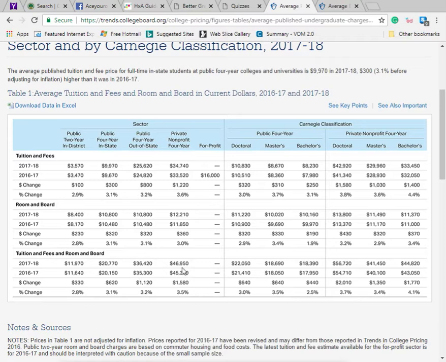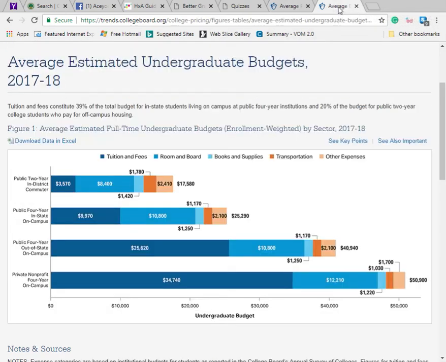And if you look at private schools, it's more like almost $47,000. And Harvard is even higher than that. It's like $60,000 or $70,000. So you'll want to look at the actual cost of any university you're interested in.